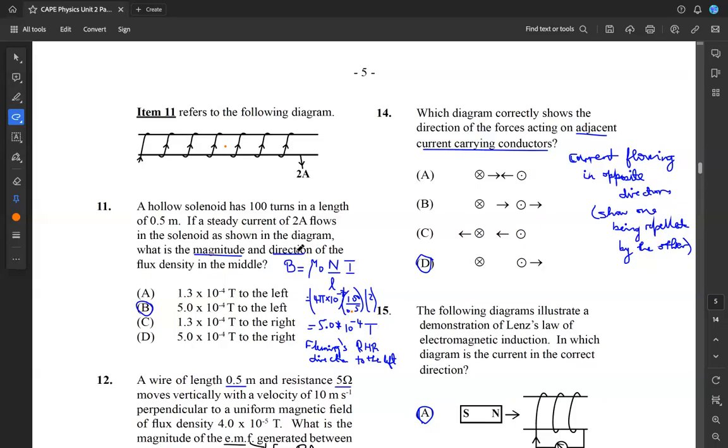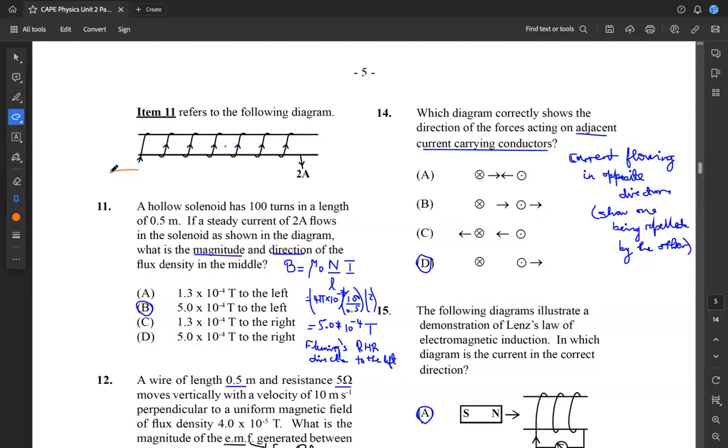To find the direction, we take our right hand again and wrap it around this coil in that same direction. With our 4 fingers wrapping around the coil, we see that our thumb is pointing left. That's the direction of the field lines, and by extension, that's where the flux density will be felt, in that direction.